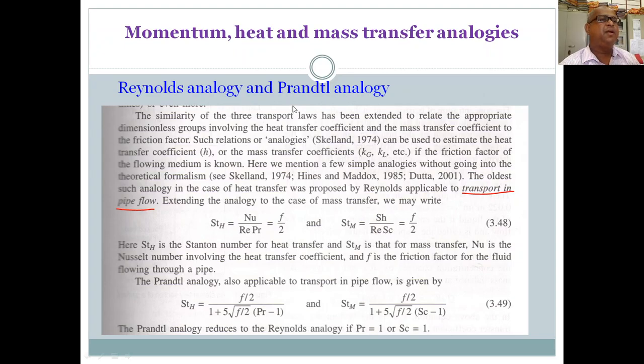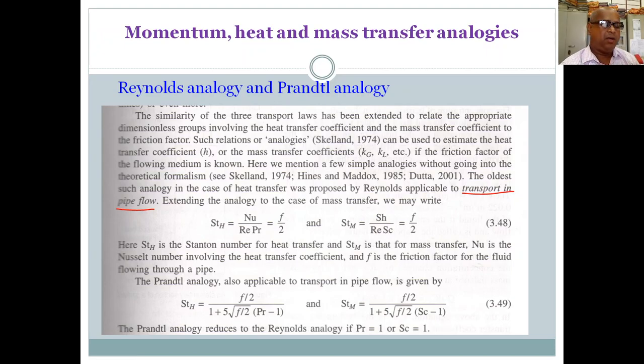Then Prandtl made another analogy. In pipe flow, the Stanton number for heat is friction factor by 2 divided by 1 plus 5 root over F by 2 into Prandtl number minus 1. And similarly, the Stanton number for mass transfer will be F by 2 divided by 1 plus 5 root over F by 2 into Schmidt number minus 1.